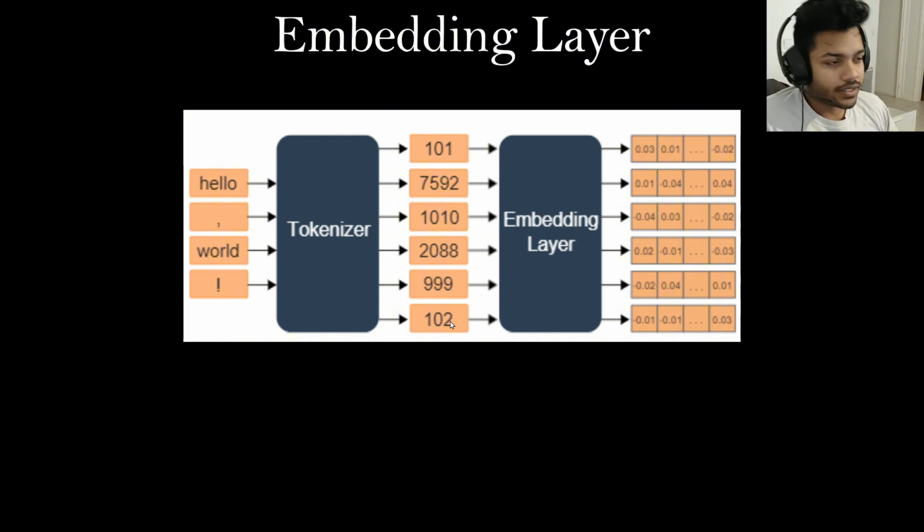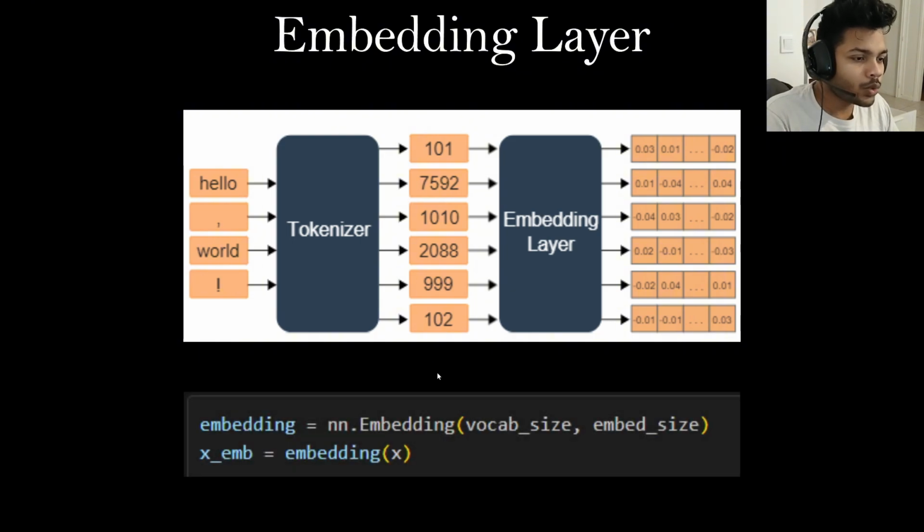And how do we do that? Using Torch's nn module, we create this embedding layer where the inputs are the vocabulary size and the embedding size. That's how we create the embedding, and if we pass the tokenized vector x, we get the embedded vector x_embedding.